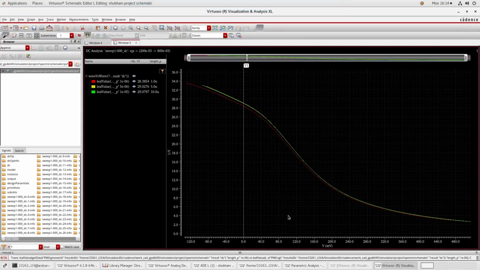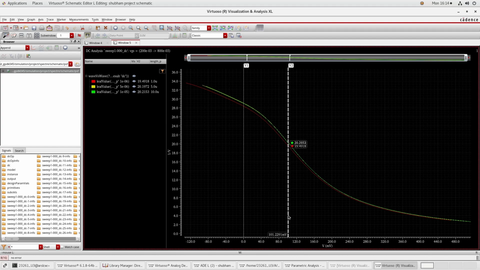Here I will put a marker at 100 millivolt, 4 times the thermal voltage value Vt. That's not VTH, that's Vt. So I will put a marker here and give 100 millivolt. Here we can see that the gm/ID value is 20 or 19.